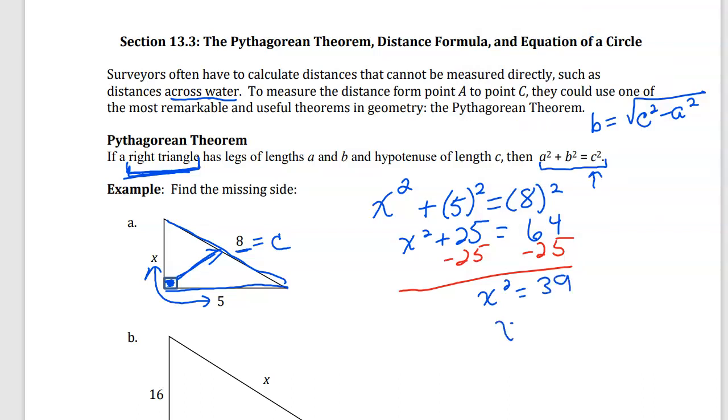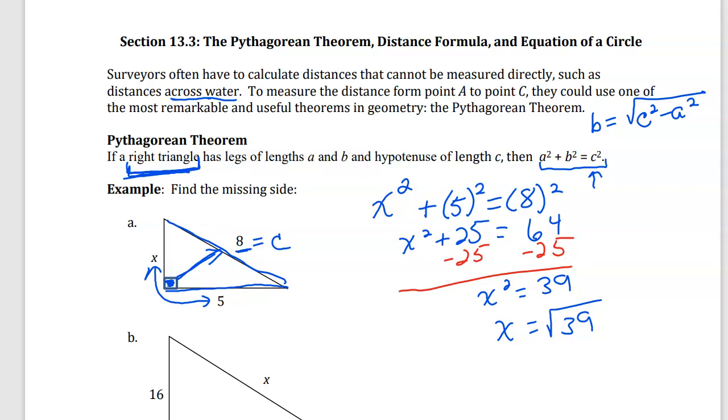And I take the square root of both sides. X is equal to the square root of 39. Same answer. Okay? You can either solve it down first or whichever way you prefer. Doesn't matter. They both come out to be the exact same thing.